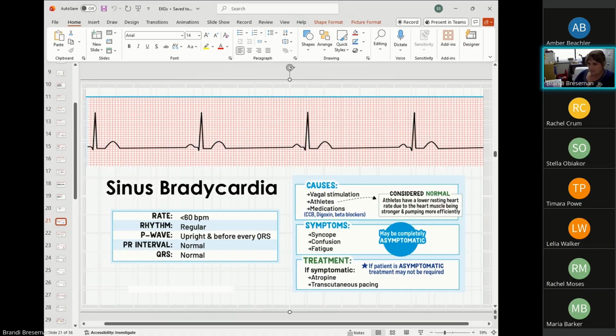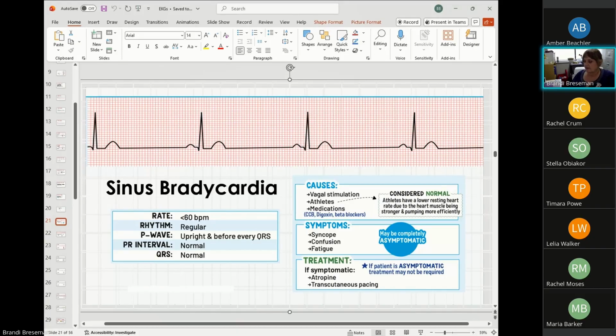So the one thing I always stress when we are talking about numbers or rhythms or objective data, remember that we treat the patient, not the numbers. Okay?